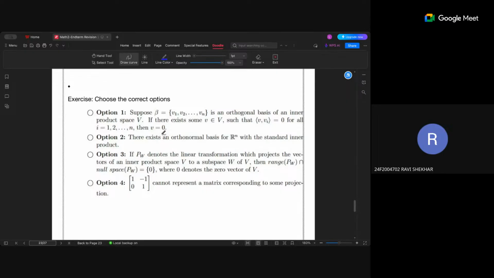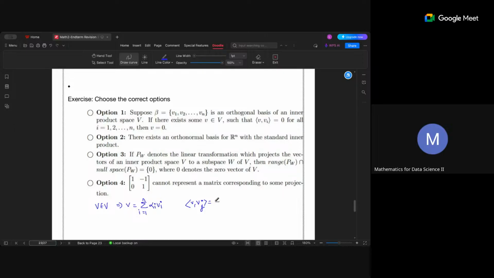True, right? You can visualize it in many ways. One way is that, see, v is a vector in V and this is a basis, right? So this means that you know that v can be written as a linear combination of the vi's, right? Now what is inner product v comma vj? You know that it is an orthogonal basis, right?